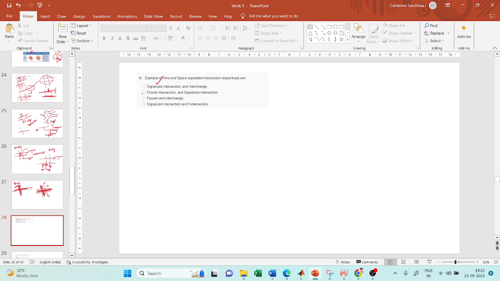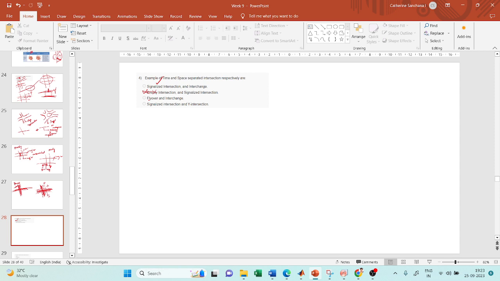It can be, but we cannot be sure because you are not giving separate times for the vehicles to cross, but you're asking the vehicles to make the decision. Okay, so this may not be a time separated intersection. So this one is wrong.